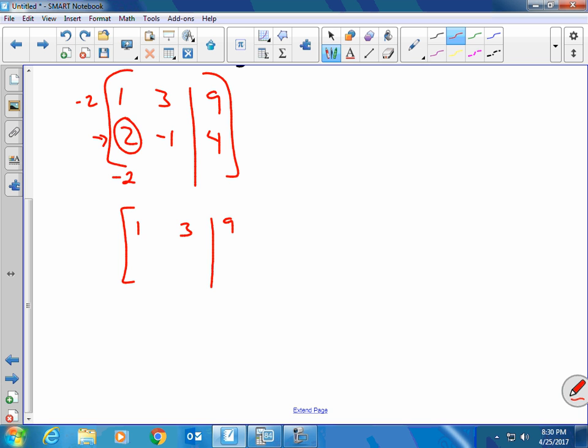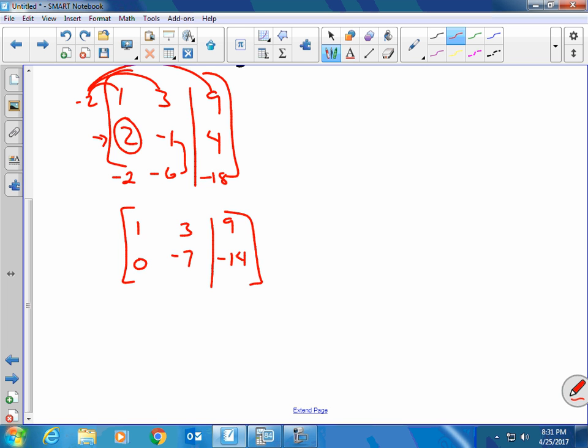I multiply the 3 by -2 and the 9 by -2, and add the numbers I just found to the second row. -2 plus 2 is 0. -6 plus -1 is -7. -18 plus 4 is -14.